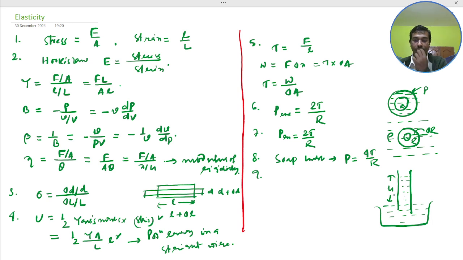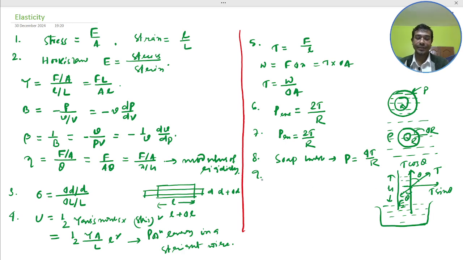I just draw one side, this is the tension T along with the angle theta, so this is the component T cos theta, and here would be T sin theta. And this is also theta. So you just do the other side.